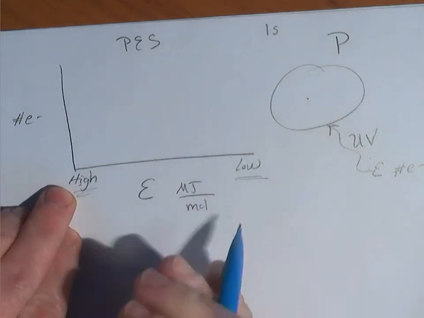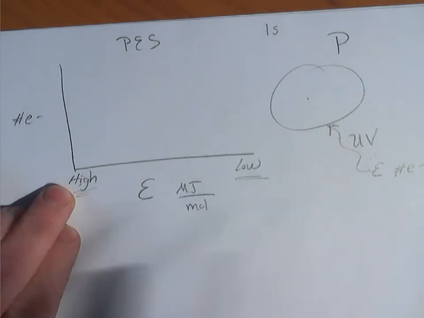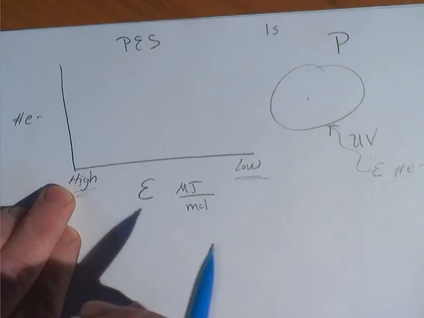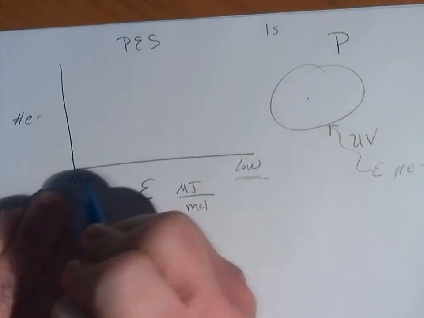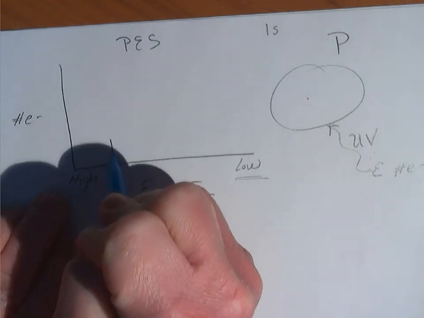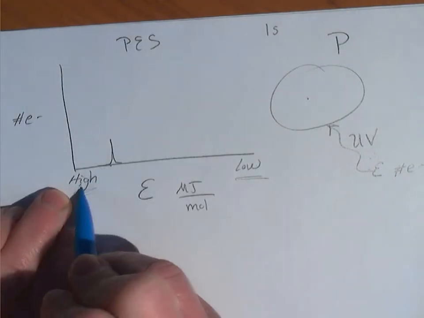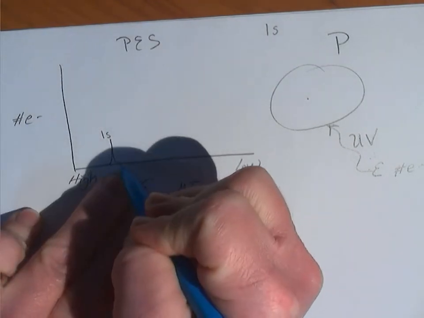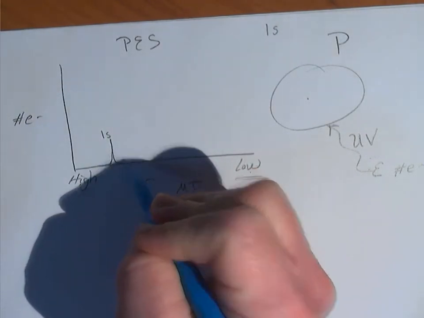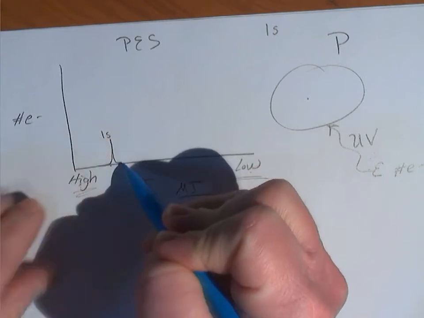And most often we're given ground state configuration, so all the electrons are in the lowest energy. They're not excited. So whatever your first peak is, if it's going from high to low, that's going to be your 1s. And unless it's hydrogen, you're going to have 2 electrons there.